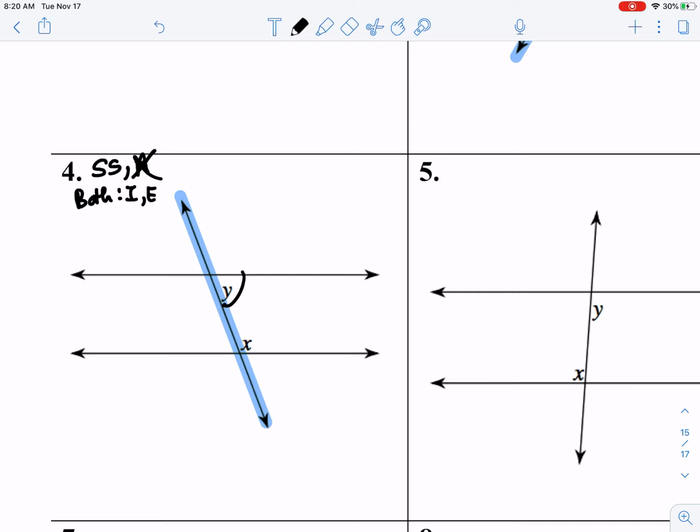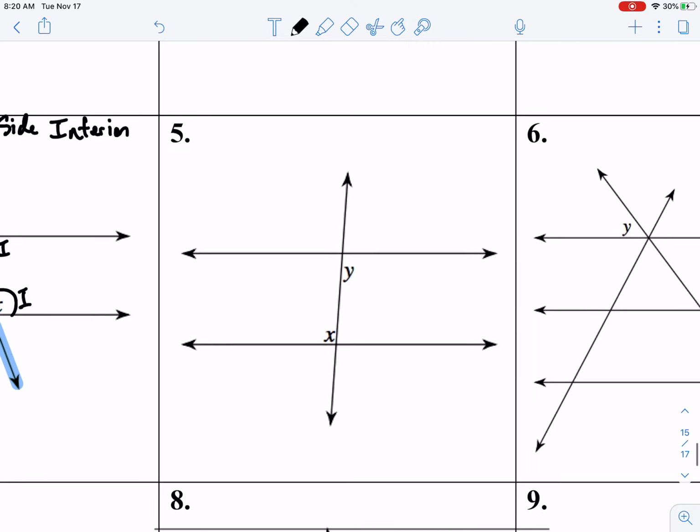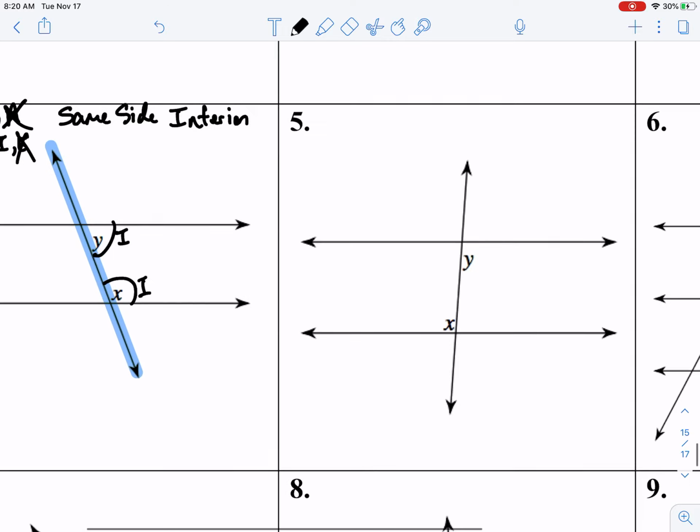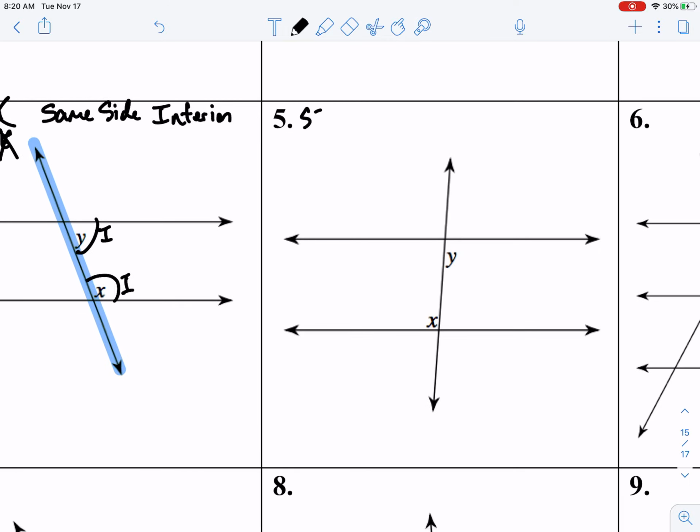Y is inside, X is inside. So these are same side interior. Okay. Again, same side, alternate.